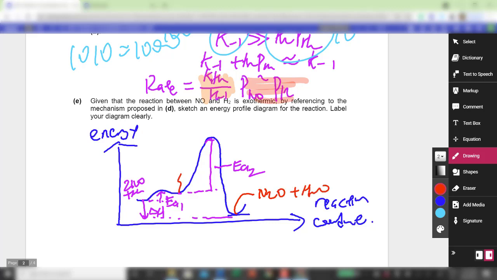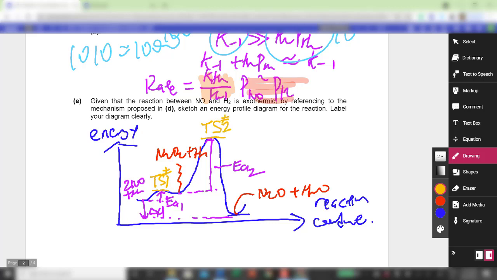We should label the intermediate as well, so that's N2O2 plus H2. It will be good if you can label the transition state, although it's not necessary. So this is TS1, transition state 1. Sorry, transition state is represented with a double dagger, and the other one is transition state 2.